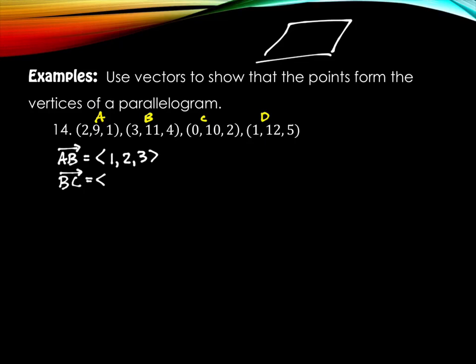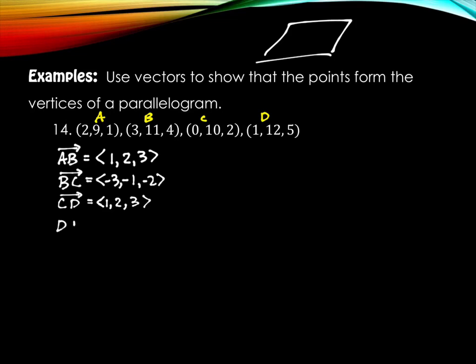So I have -3, -1, and then -2. We'll move on to CD. So CD would be 1, 2, and 3. Oh, I like that one again too, right?